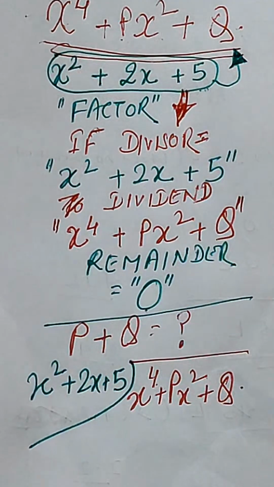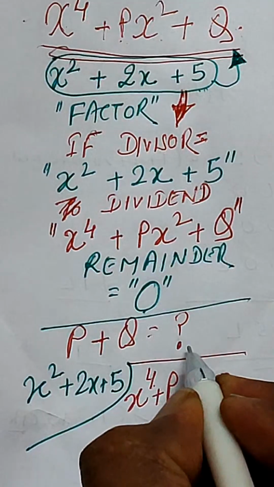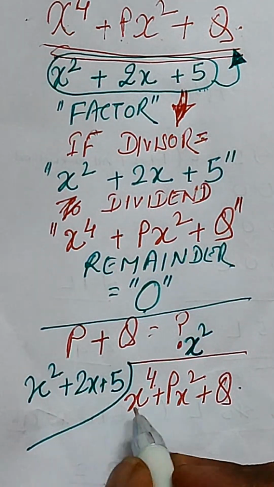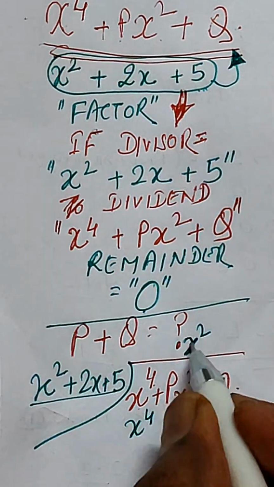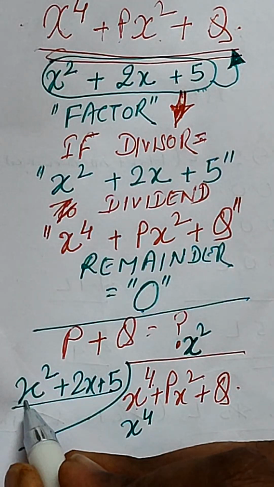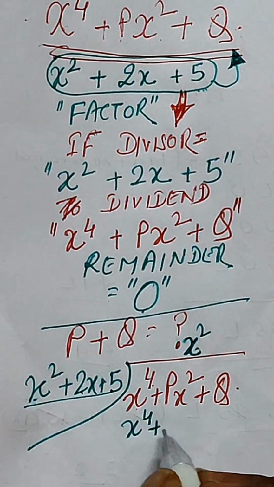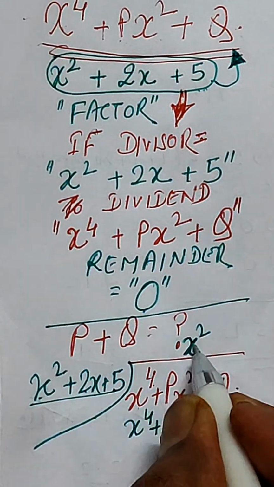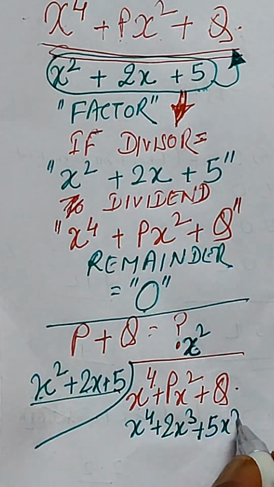So with x square times, x square multiplied by x square will be x4, x square multiplied by 2x will be 2x cube, and x square multiplied with 5 will give you 5x square.